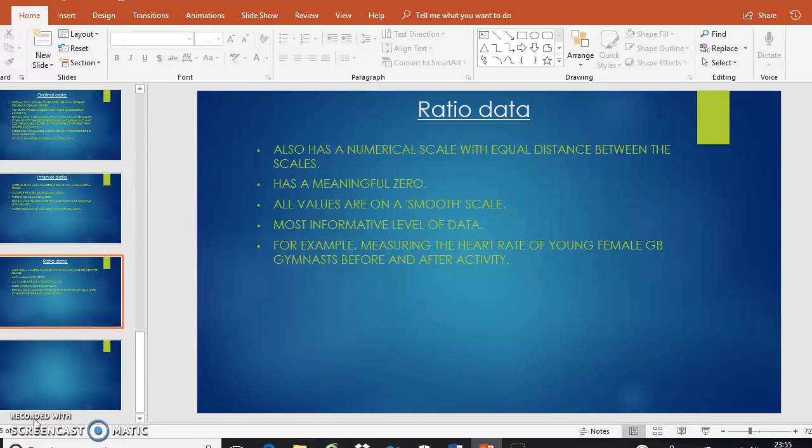This is the most informative level of data, so the most detailed and essentially the most reliable and valid. And an example could be that you could measure the heart rate of young female Great British gymnasts before activity and after activity. So that's my assignment 4.3.1.